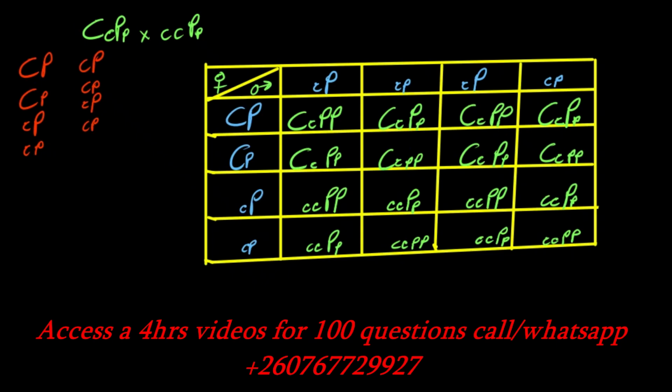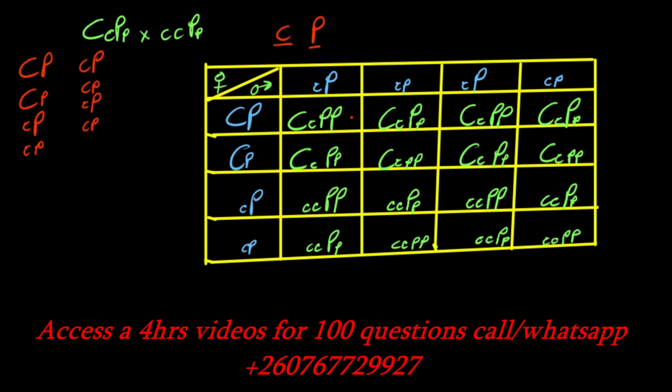Okay, so we now have to start counting. How many are going to have both capital letter C and capital letter P in them? All those which have both dominant C and dominant P genes are going to be purple.